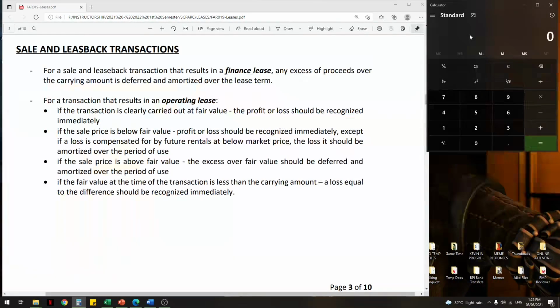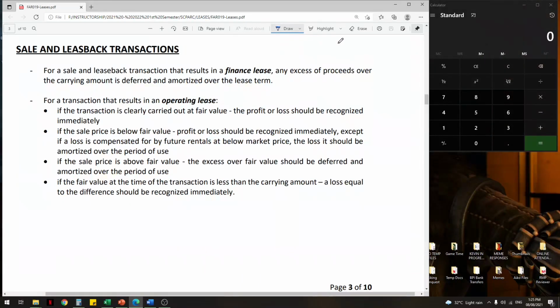Okay guys, now before we head into the problems in our handouts, I would just like to point out the provisions of PAS 17 about sale and leaseback, to which ang nakalagay po dito are the rules on what happens to the gain or loss in the sale and leaseback for when finance lease or operating lease ang magiging resulting na leaseback.